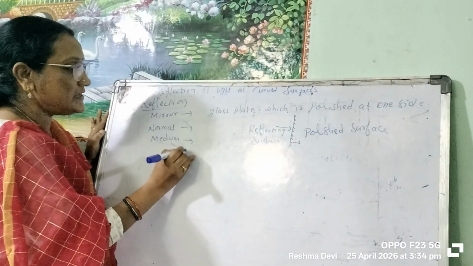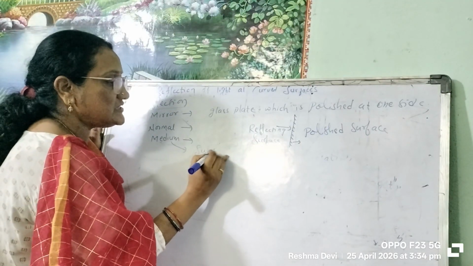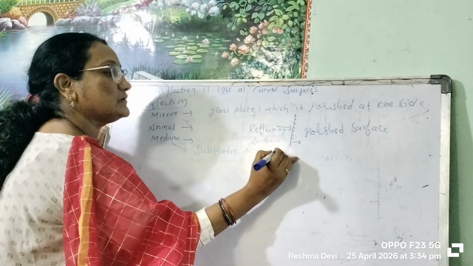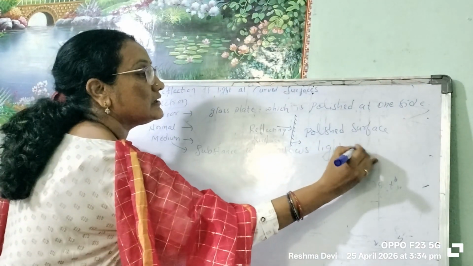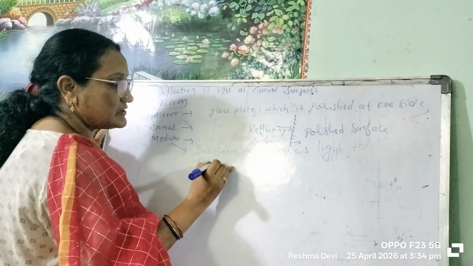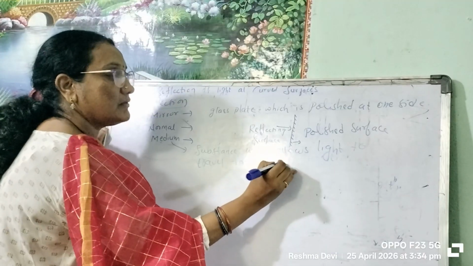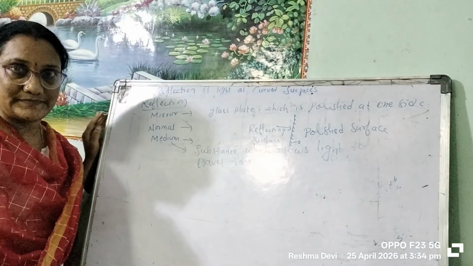Next, medium. Medium means the substance which allows light to travel through it. Gases, air, liquids, water.